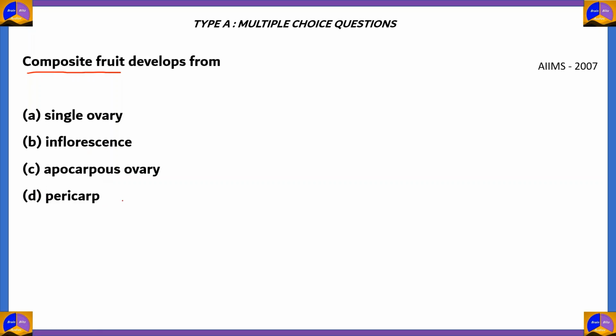Option D, pericarp. Pericarp is a special structure found in a fruit type known as drupe, and drupe is a kind of simple fruit. Well, the question asks to find out a composite fruit develops from which structure. So option D is incorrect.